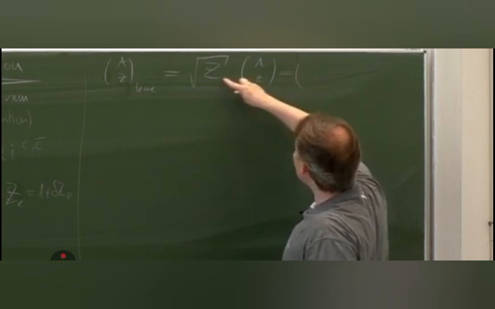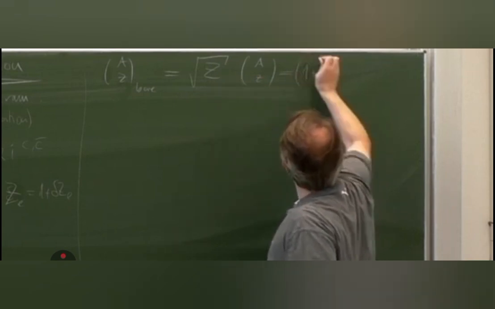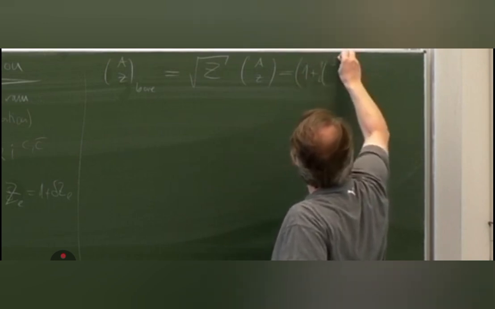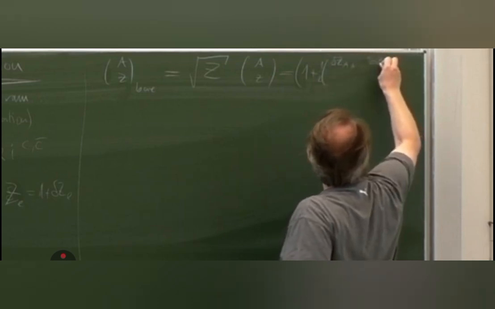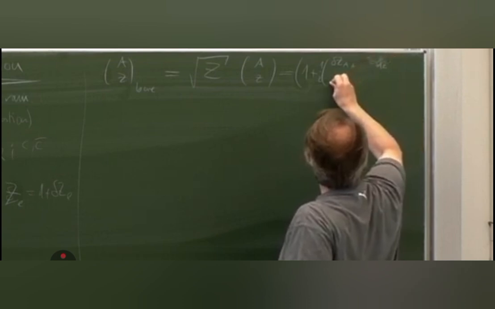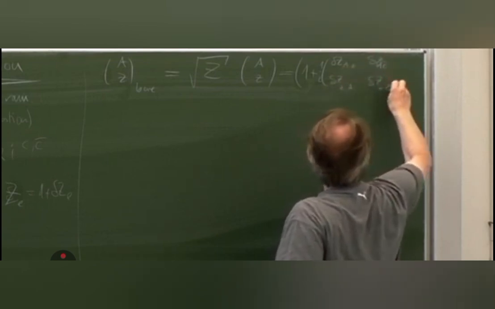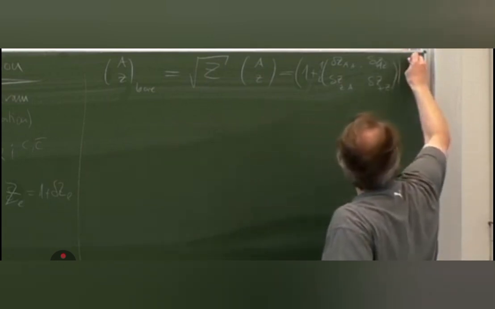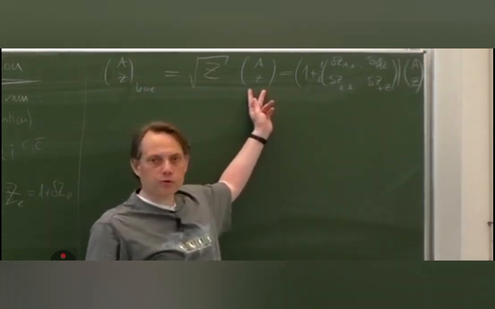So this is a matrix which is 1 plus, or let's say unit matrix, plus a matrix 1/2 delta Z_AA, delta Z_AZ, delta Z_ZA and delta Z_ZZ, and with those indices it becomes unambiguous what we are talking about, times A, Z. Okay, so these are the renormalized fields for the photon and Z boson.